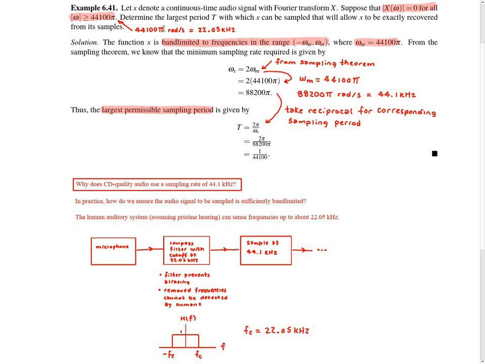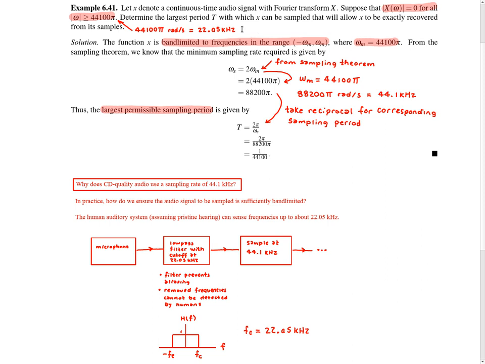This is in radian measure, which is equivalent to 22.05 kilohertz. And what we're asked to do in this example is to determine the largest period, capital T, with which little x can be sampled such that little x can be recovered from its samples.